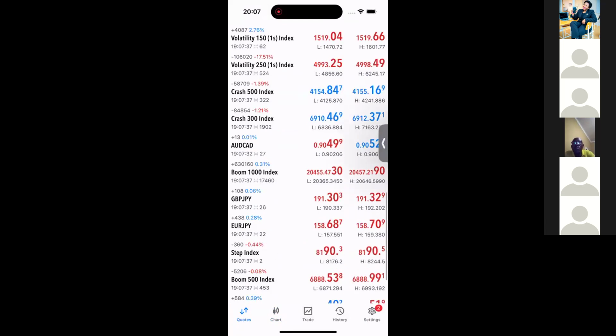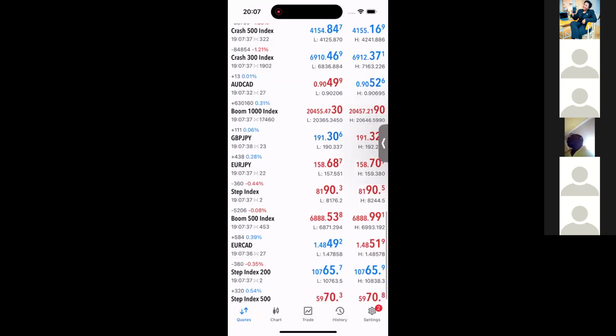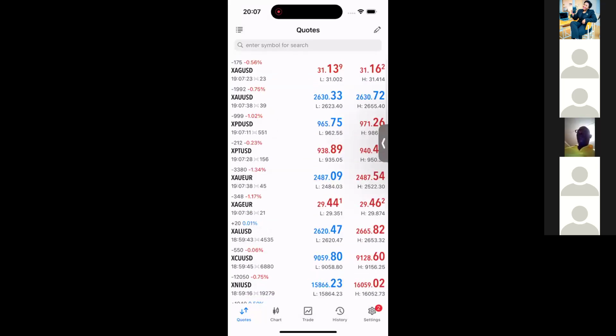Any other thing, I feel like probably I drop the signal and you guys can't find your quote. All you just have to do is you come to the top. As I believe you can see where they said enter symbol for search. I believe you can all see that.